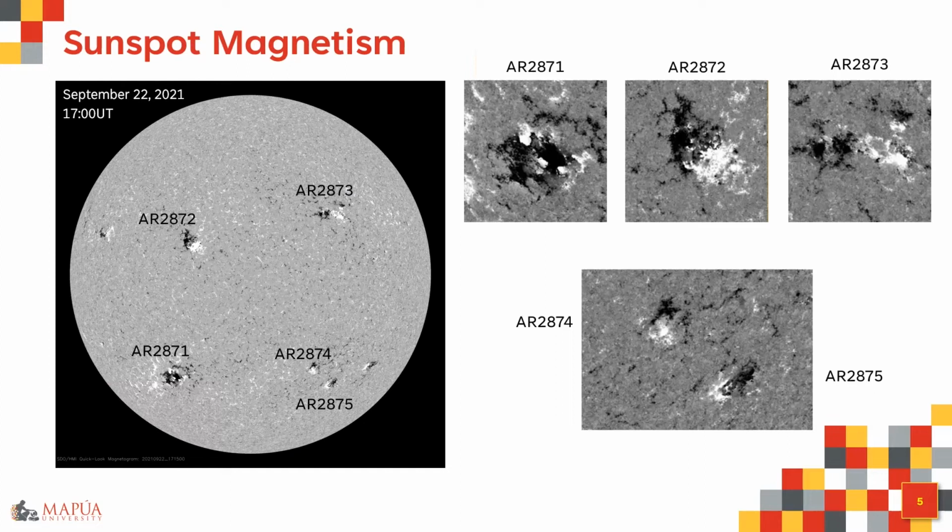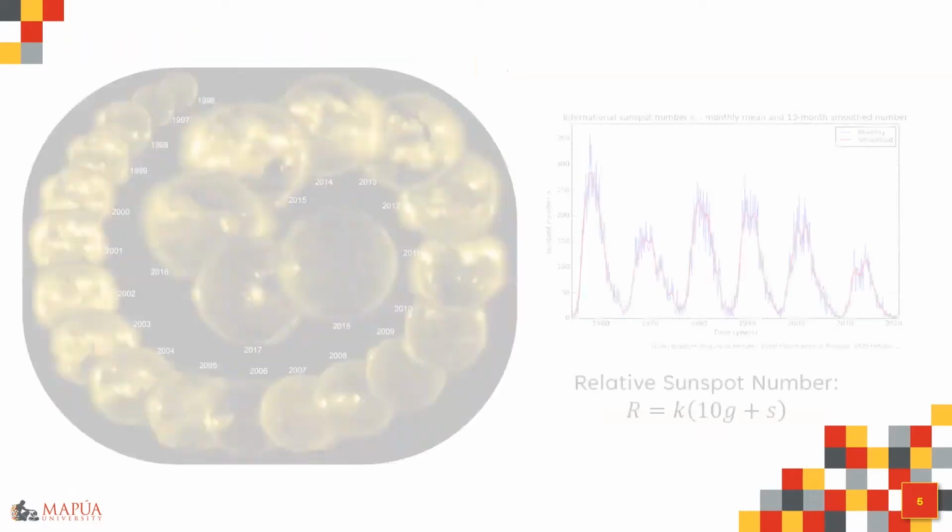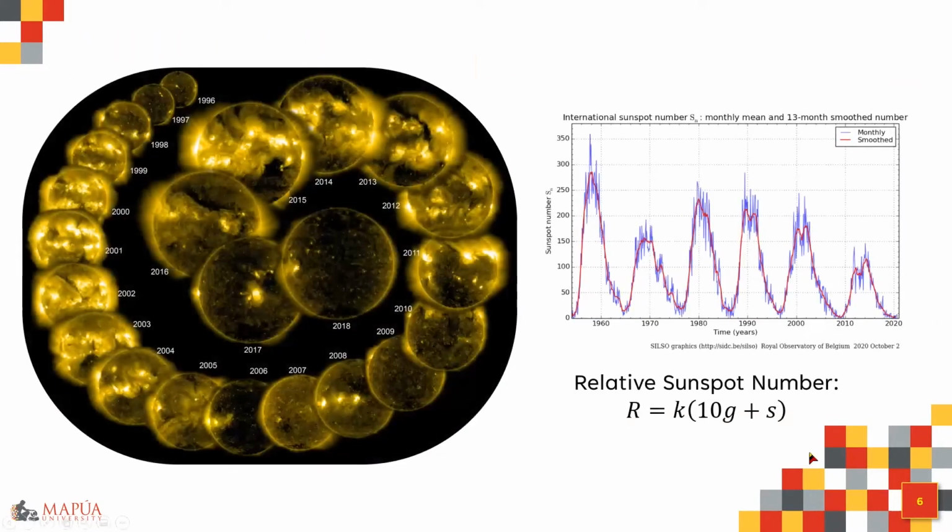Because sunspots are considered regions with high magnetic activity, if we parameterize the quantity of sunspots or active regions on a solar disk, we come up with the relative sunspot number.